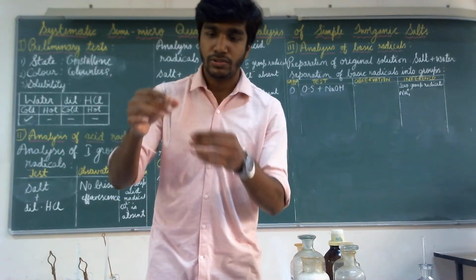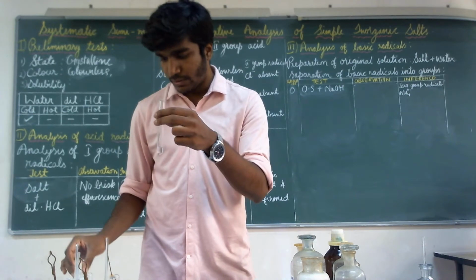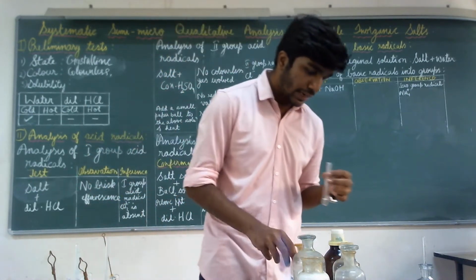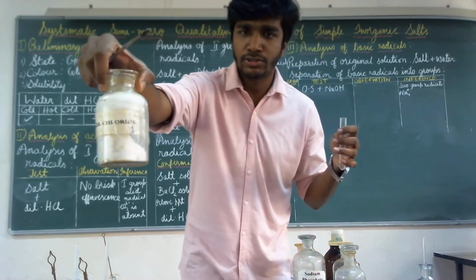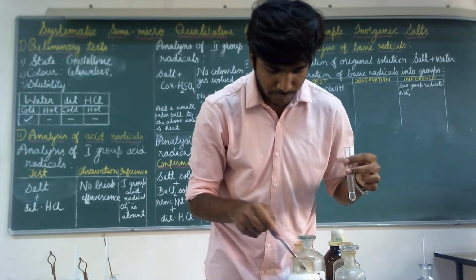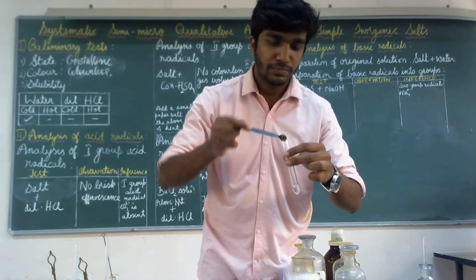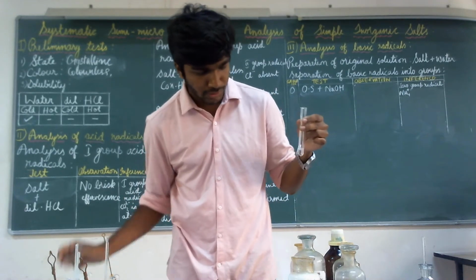So this is original solution. Take a small quantity of original solution, about 0.5 ml. To this, I'll add NH4Cl solid. So I have ammonium chloride solid here. I'll add this to the test tube, to the original solution, and I'll also add ammonium hydroxide.